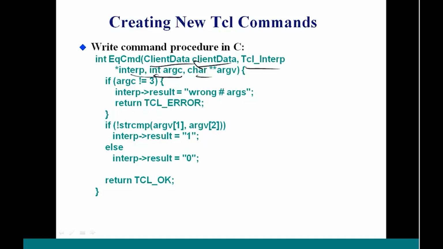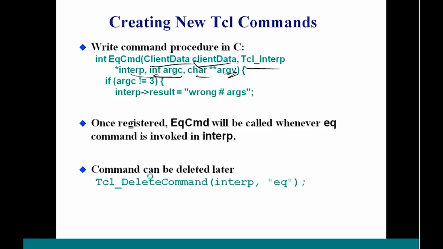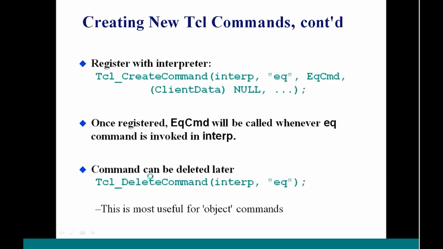Otherwise we compare argv[1] and argv[2], and if they are not the same, then the result is 1, otherwise the result is 0. So this is basically to compare two strings to see whether they are the same or not, and then we return to the main.